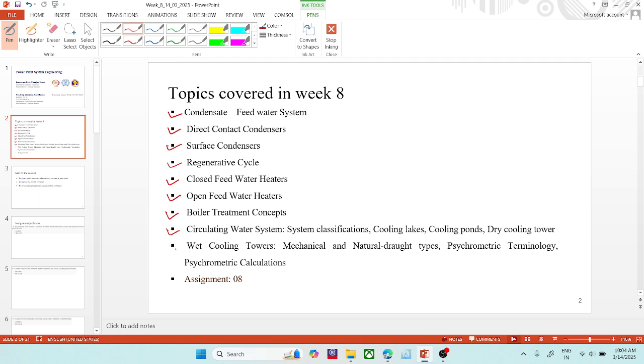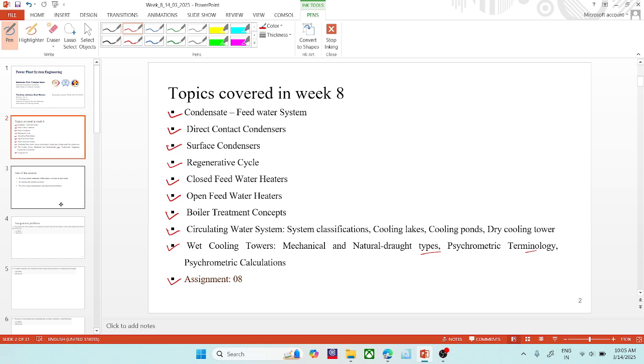Then the wet cooling towers, in which we have learned about the mechanical and natural draft types. Then psychrometric terminology we have learned about. Then the psychrometric calculations. Then we have solved assignment number 8. The same assignment we'll solve here.